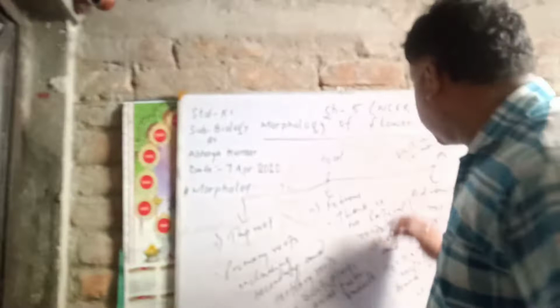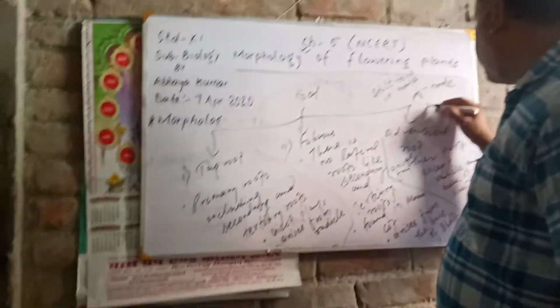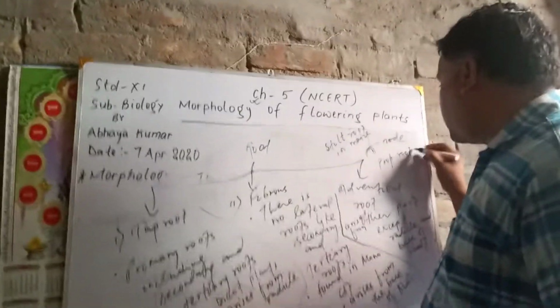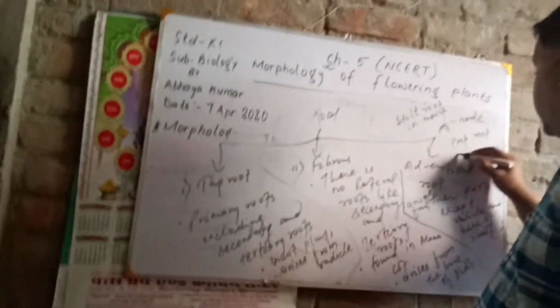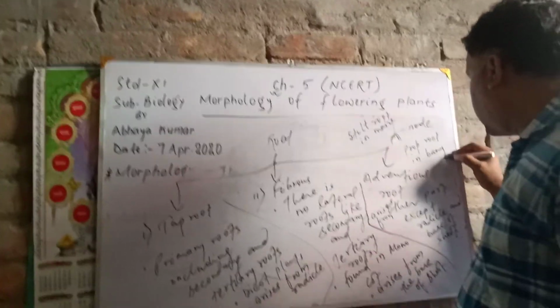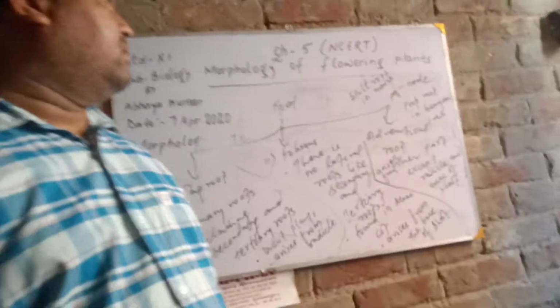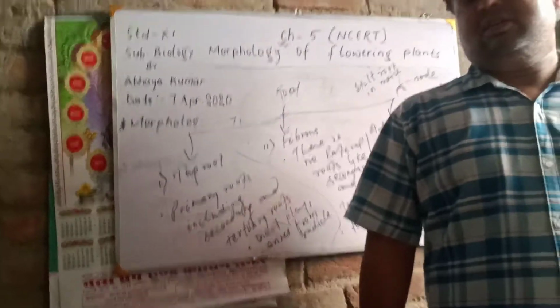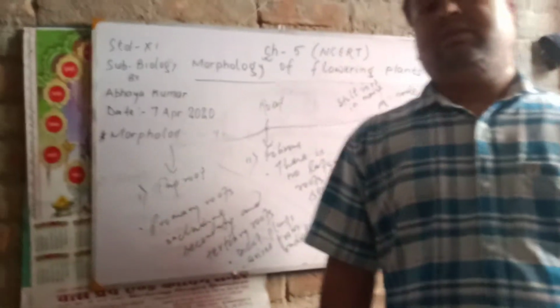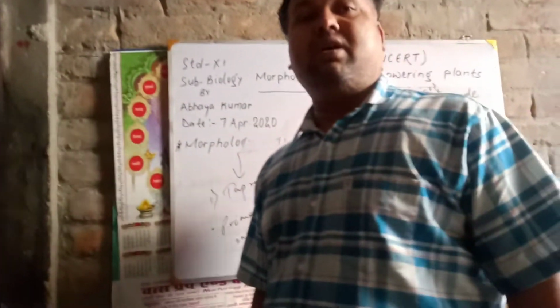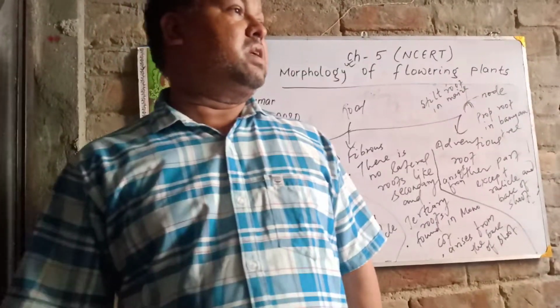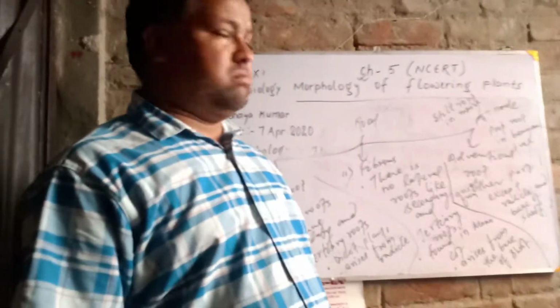Now prop root is also there, prop root in banyan tree. There are several modifications of root for support, respiration, storage of food. So these are some modifications of roots.